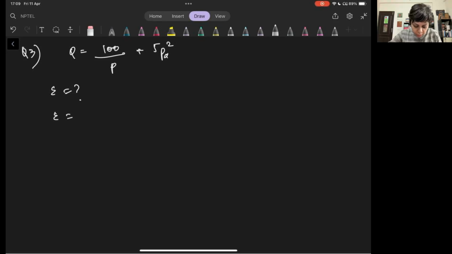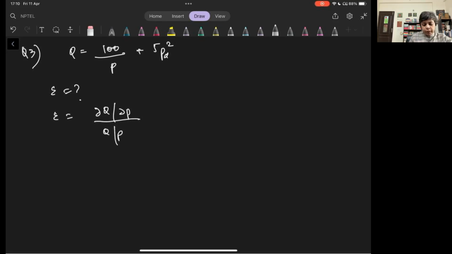It is del Q by del P upon Q by P, right? That's how we define price elasticity of demand with respect to its own price. When we say price elasticity of demand, it automatically means with respect to the price of that particular good itself.